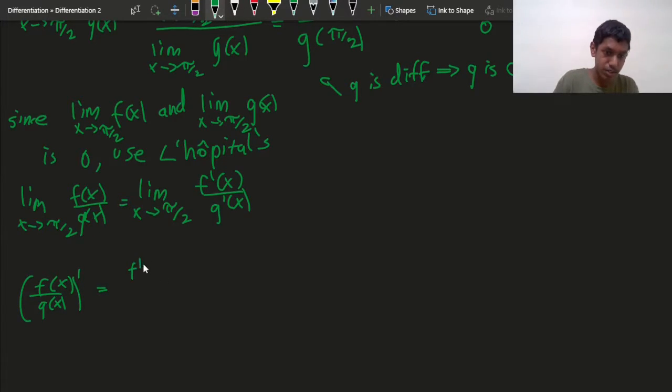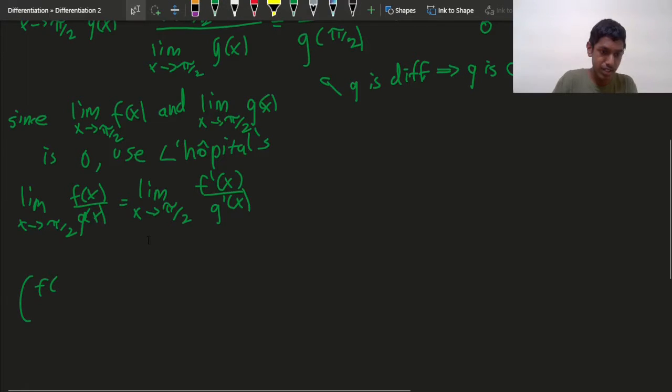That's where you get f prime g minus f prime g minus blah blah blah and all that stuff over g squared. So the point is, this is not the same as the quotient rule. You're just differentiating the numerator and the denominator separately. So like that.